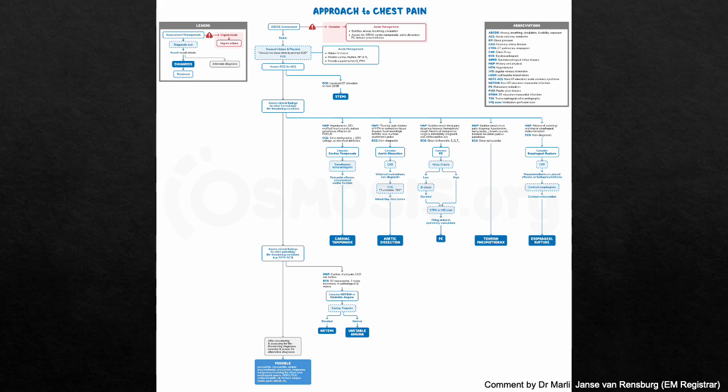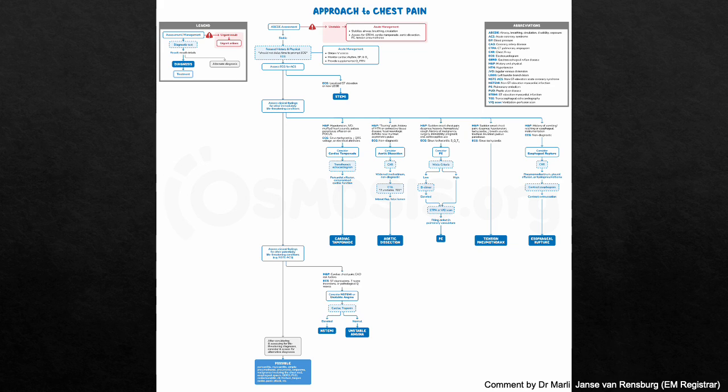While I think it's a good idea to think about the 5 so-called life-threatening causes of chest pain, and the ones that you rightfully named, I would probably not call the others, like myocarditis and pericarditis, non-life-threatening.